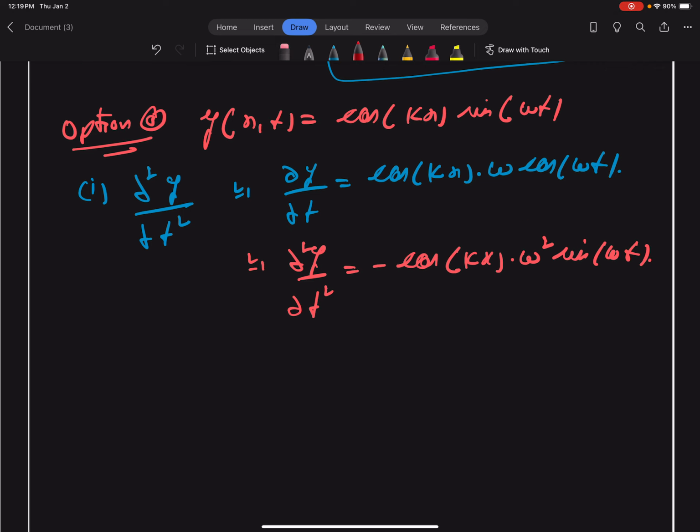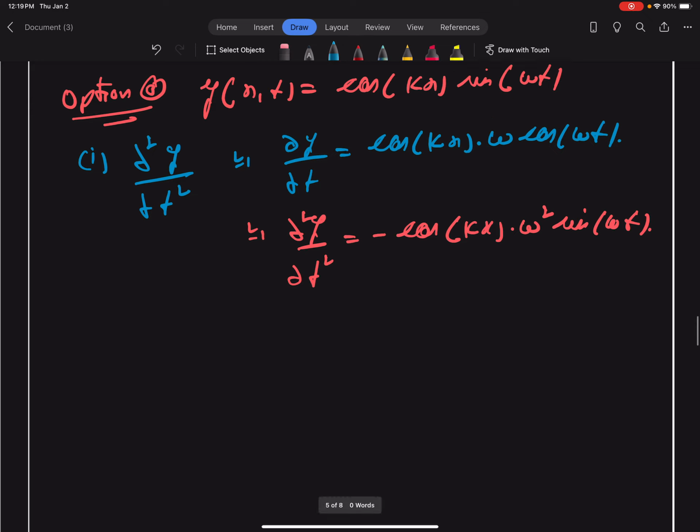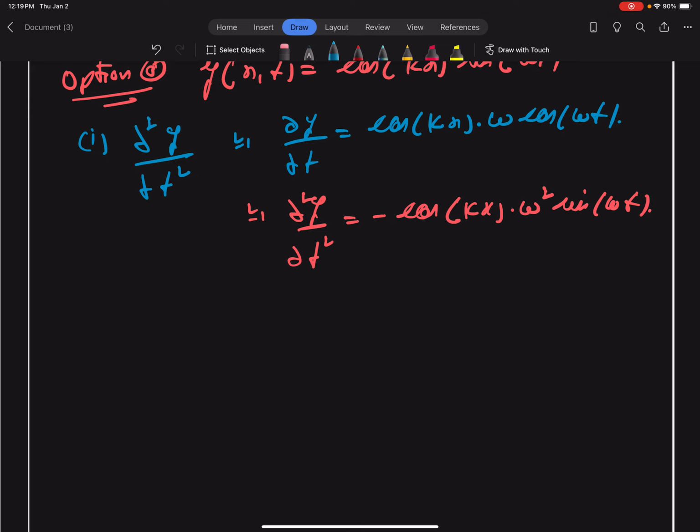Similarly, we are going to solve for the second part, that is now with respect to x. So let us take the first derivative. This will be equal to minus k sine of kx multiplied by sine of omega t.